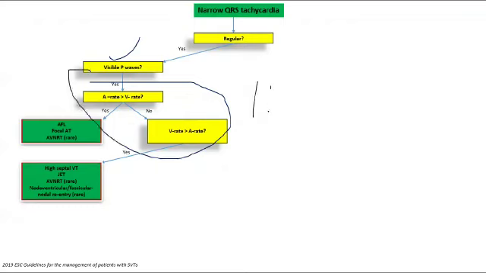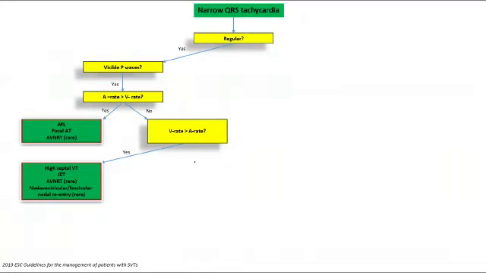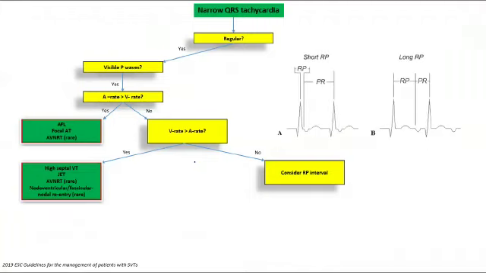But what if I'm able to see my P waves, but none of this? What if I have a 1:1 A to V relationship? What then? In a case like that, you've got to go further and look at something we call the RP interval. If you haven't heard of that, an RP interval is simply the interval you take from the R wave to the beginning of the P wave during the tachycardia.